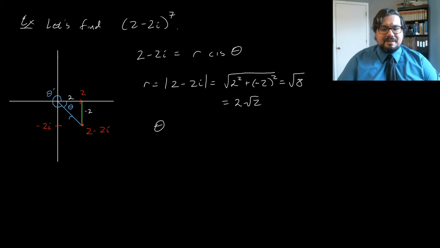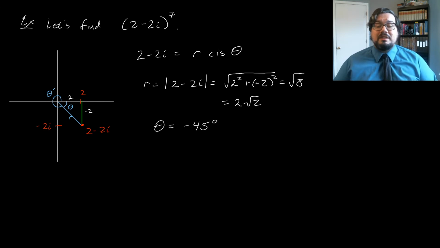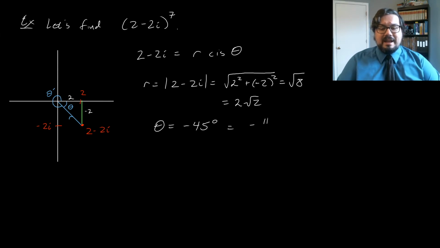So we'll say that theta is negative 45 degrees. We can use this formula just as well using degrees or radians. So we could also have said that it's negative pi over 4 radians. In fact, I'm going to go ahead and use the radians on this one just because it's going to turn out to be a little bit simpler.